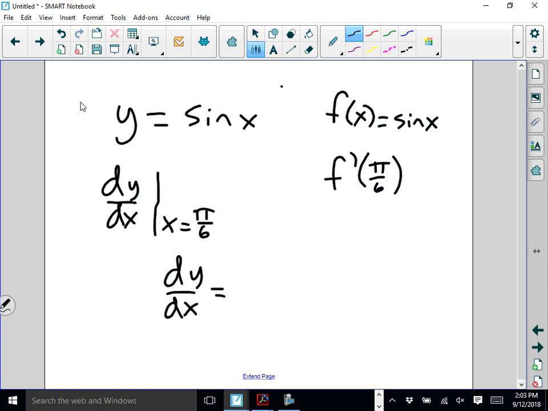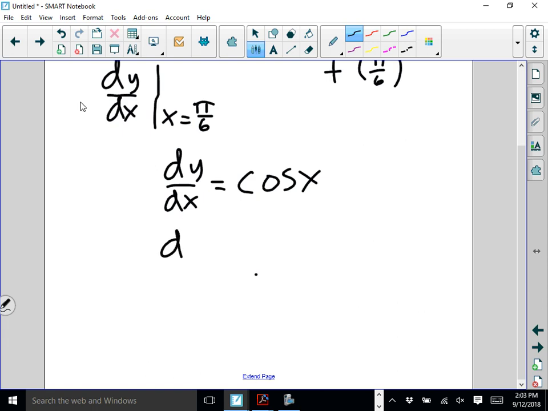We know from our derivatives to memorize on the previous slide that the derivative of sine of x is cosine of x. Therefore, what would be dy dx evaluated at an x value of pi sixths? Well, that would be cosine of pi sixths.